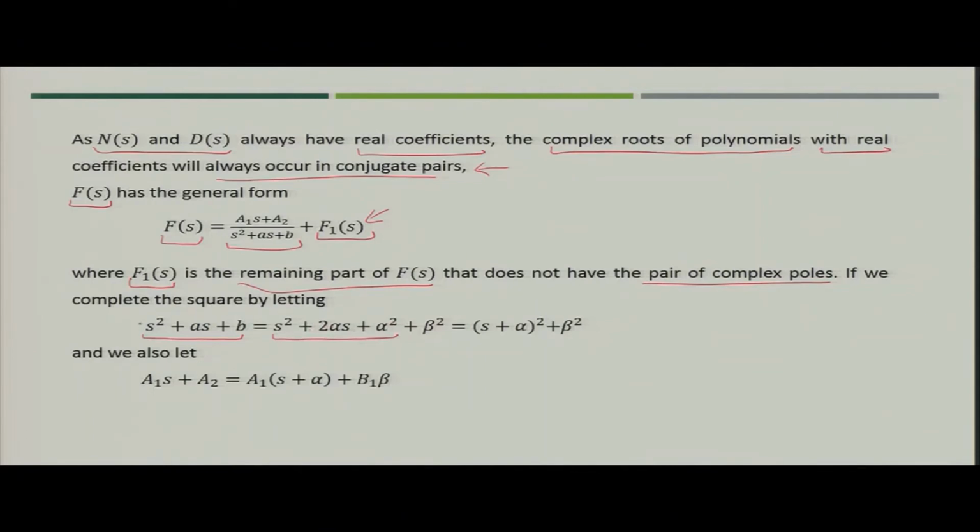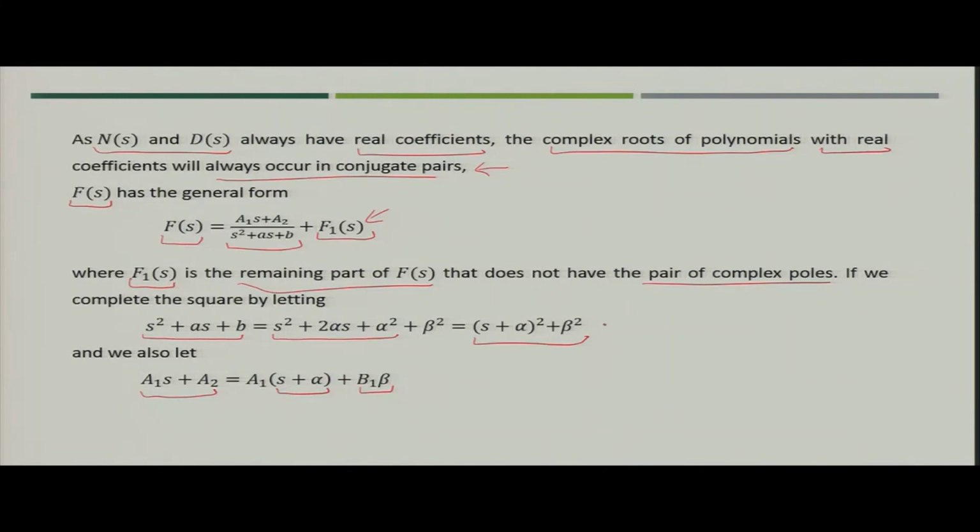If you can rearrange the polynomial in such a way, you can simply say that this particular polynomial can be represented as (s plus alpha) square plus beta square. Similarly, in the numerator also you can arrange the polynomial in such a way that it looks like a1 into (s plus alpha) plus b1 beta.